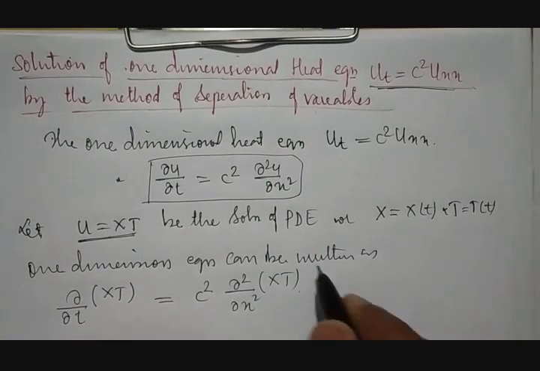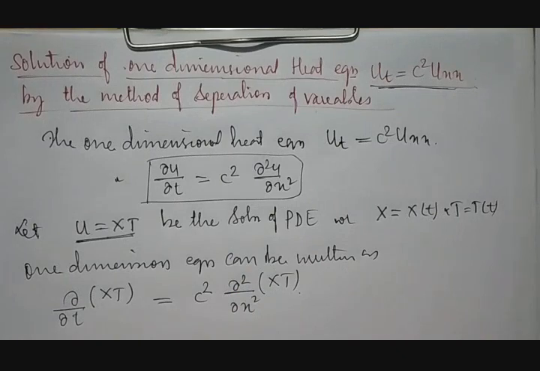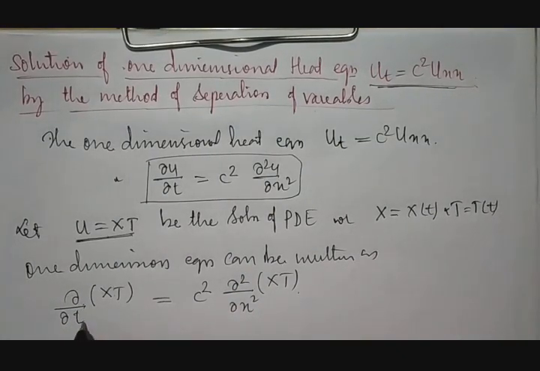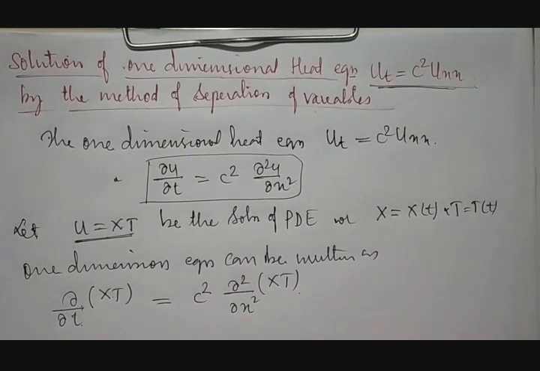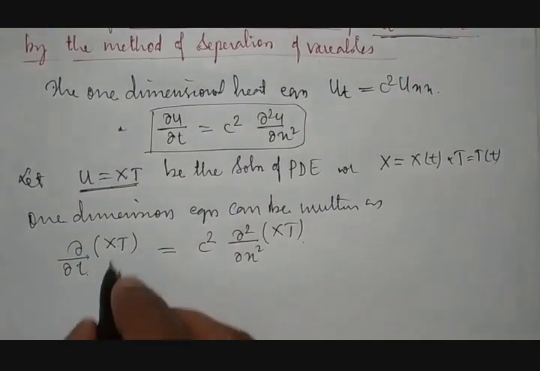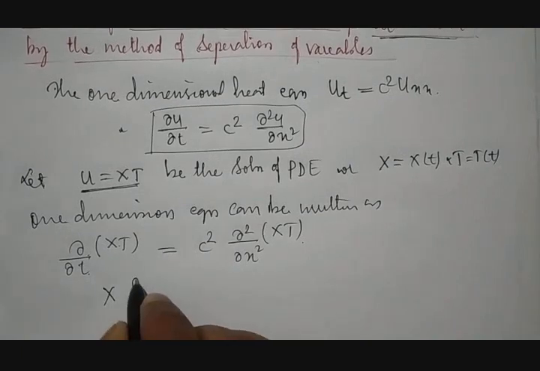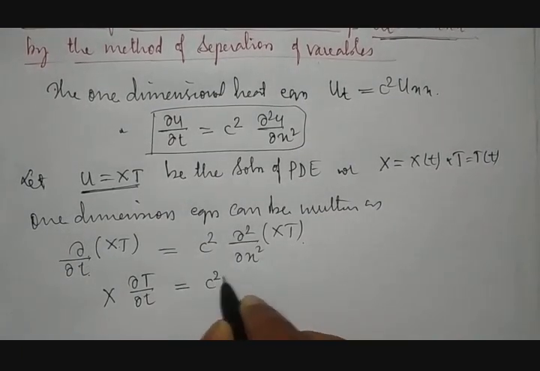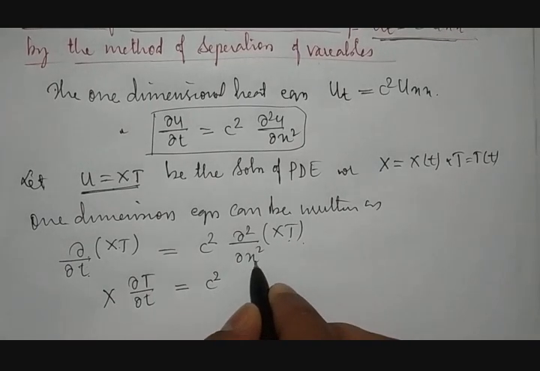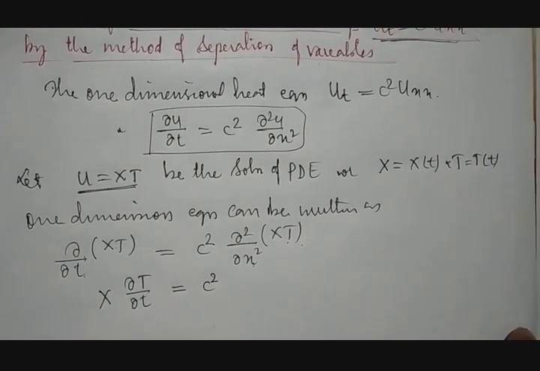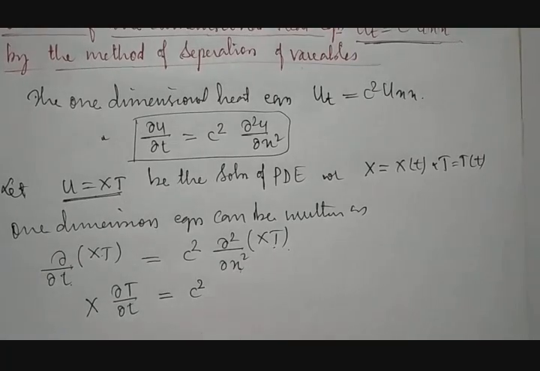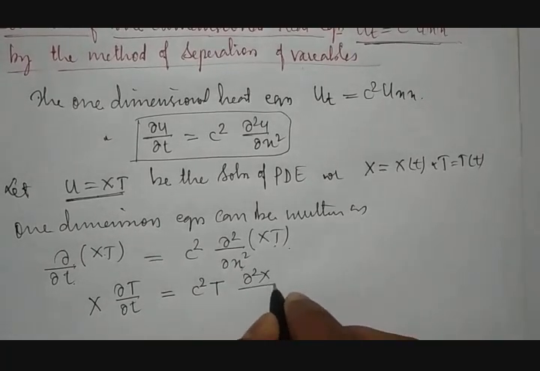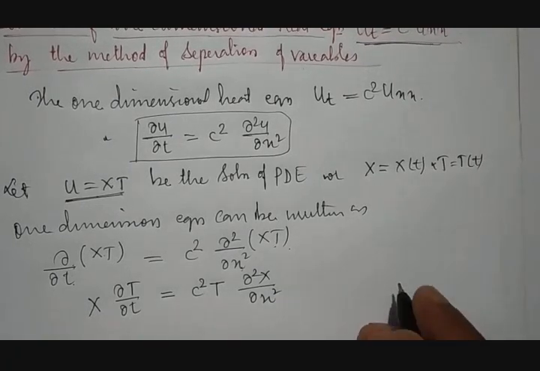X T. Therefore, from these two we can say, it is going to be differentiated with respect to t, therefore X is constant. Keep it out. Then we can take it as X ∂T/∂t = c² and it is going to be differentiated with respect to x, therefore T is constant. So we'll take T out. Then what happens? It becomes T ∂²X/∂x².